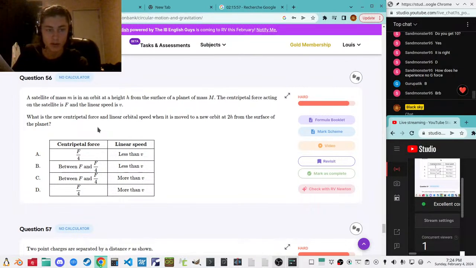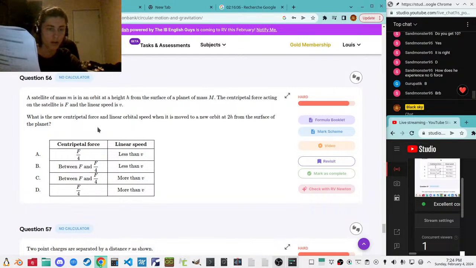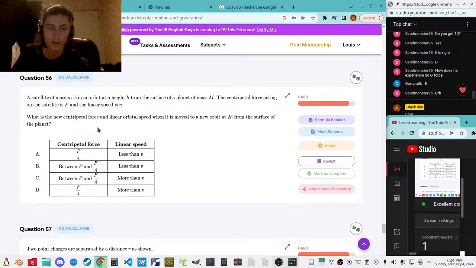Because it's not acceleration... No, from the surface. It is in an orbit at height h from the surface of planet M, centripetal force acting on the satellite is F. So we're just adding an h. So between F and F over 4 should be the answer because we don't know.